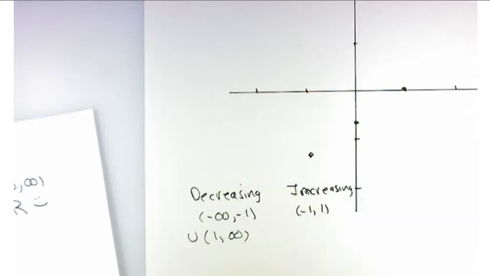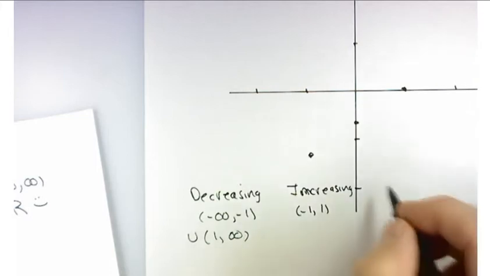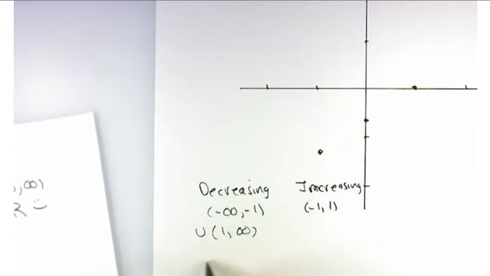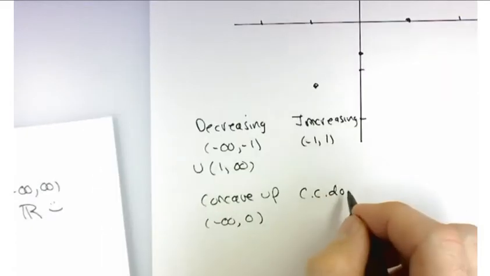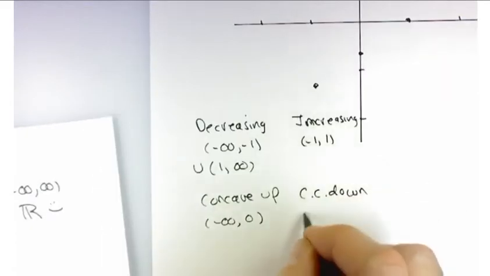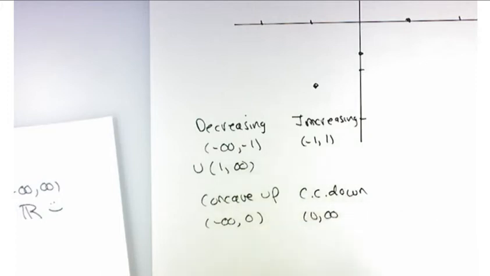The other thing we want to take account of is the concavity. It's concave up from negative infinity to 0, and concave down the rest of the way from 0 to infinity.